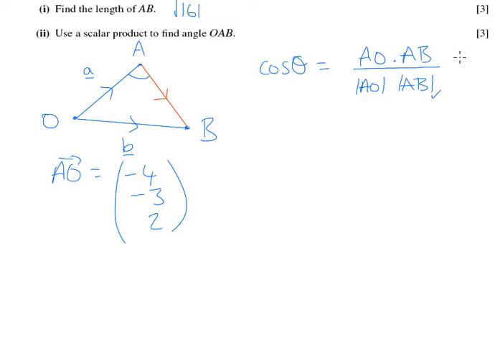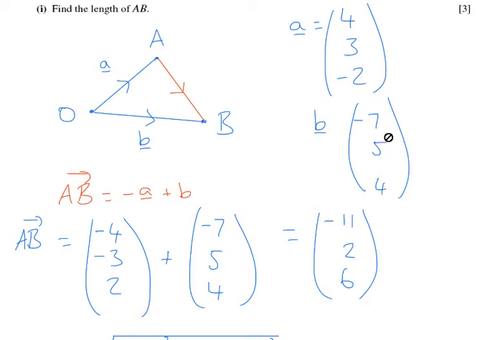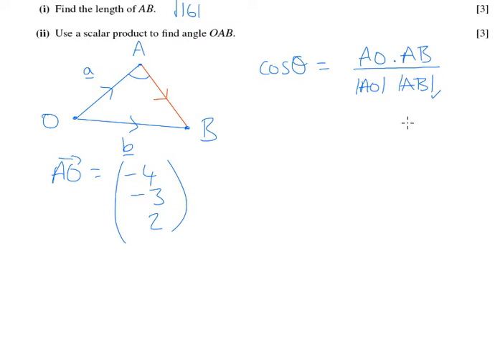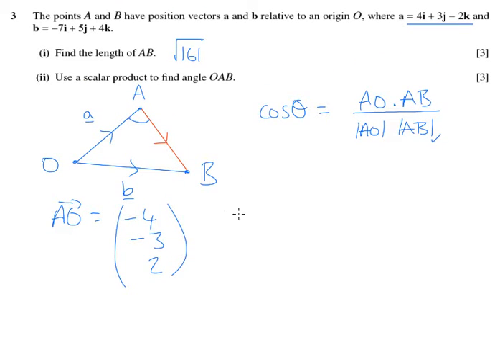To complete everything we need for the equation. So A to B was -11, -2, 6.